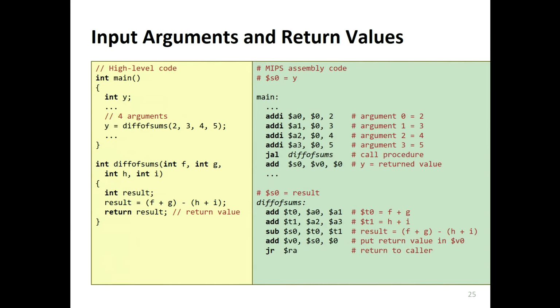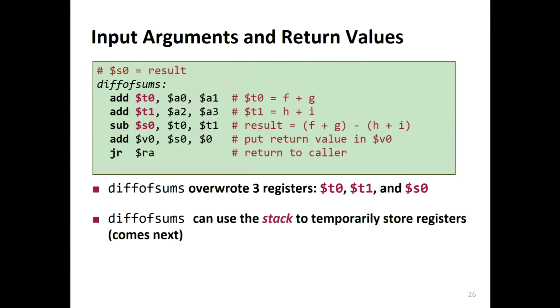Main doesn't do this because main is the main function. But for any other function that you see and also that you write later on, you should always create a space in the stack and store the return address before you call JAL. Okay? So this is one of the important applications of using the stack.